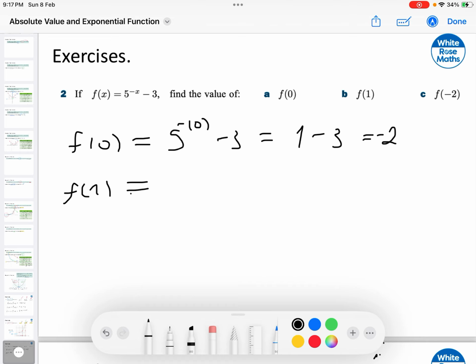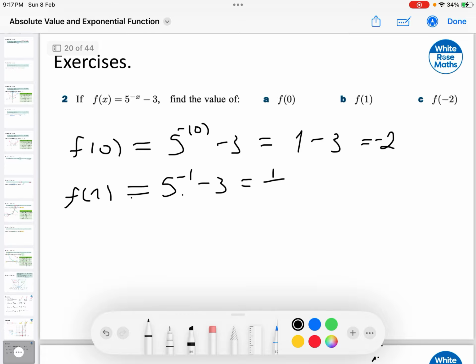Okay, let's see, because it's not collaborating here. 5 with a negative 1, and then minus 3. This is the same as 1/5 minus 3. And remember that 1/5 is the same as 0.2. So 0.2 minus 3 is negative 2.8. So we have that value there ready.